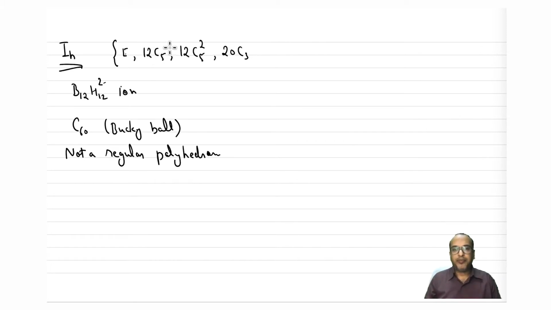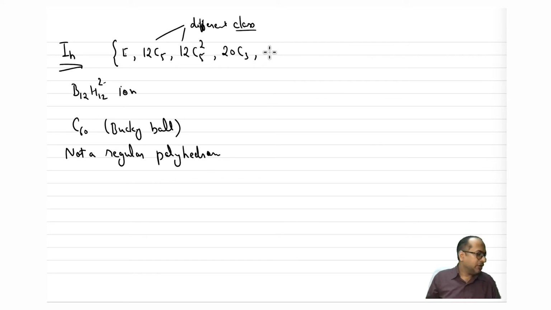Typically we have been seeing that C3 and C3 squared can be combined as one set of operations, and then we can write it as 2C3, right? But in this case, C5 and C5 squared belong to something called a different class. So these two form different classes, and hence they are listed separately. We will come back to what a class is once we finish the point group identification.